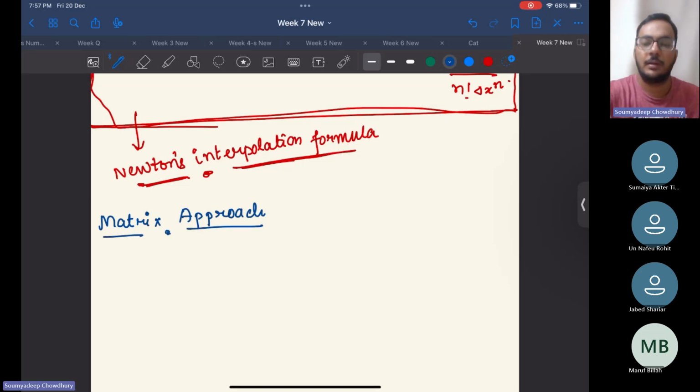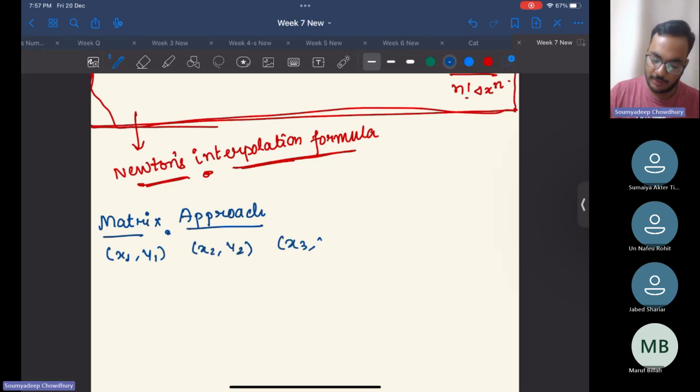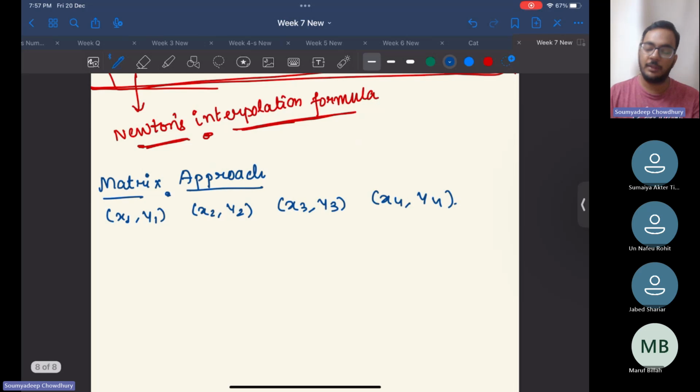So first you have a set of data, say four data points: x1, y1, x2, y2, x3, y3, and x4, y4. If four data points are there, we can fit a cubic polynomial, a polynomial of degree 3.